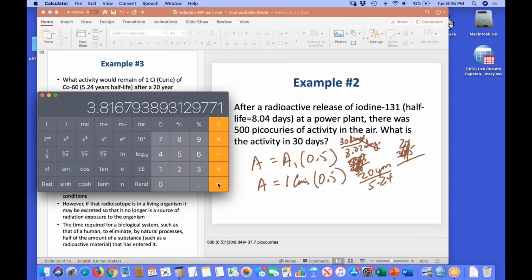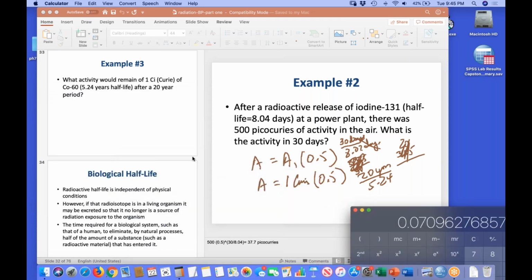Recall memory, equals, so it's 0.07 again, which is kind of the ratio of the half-life to the period of time we're talking about. It's almost the same thing as before, so that makes sense. Times 1 curie, it's 0.07 curies is basically what we wind up with. Okay, everybody okay on that? Good. Let me clear up memory.